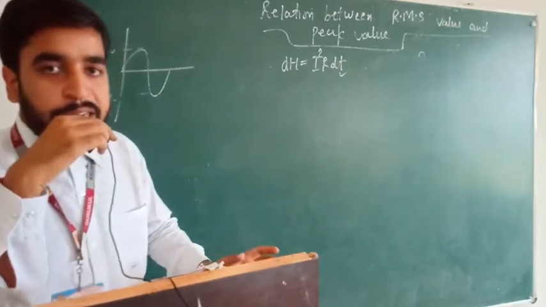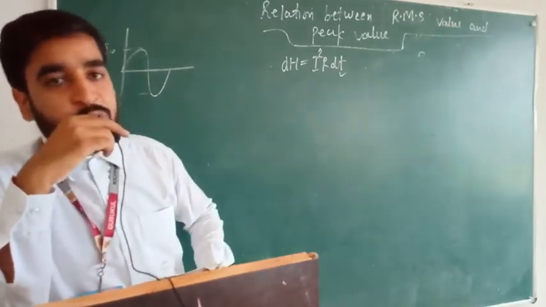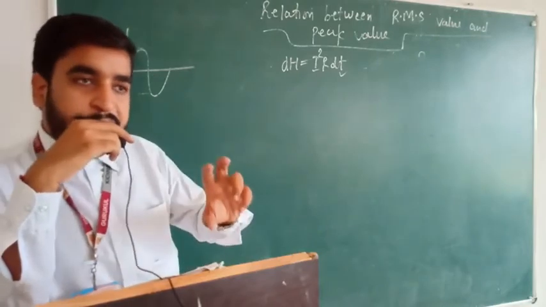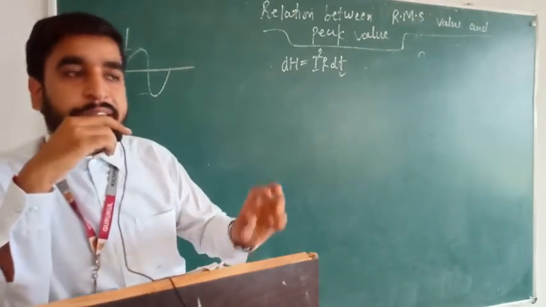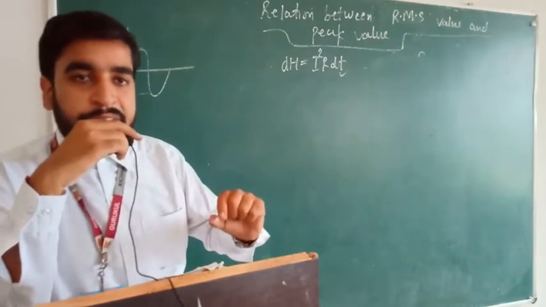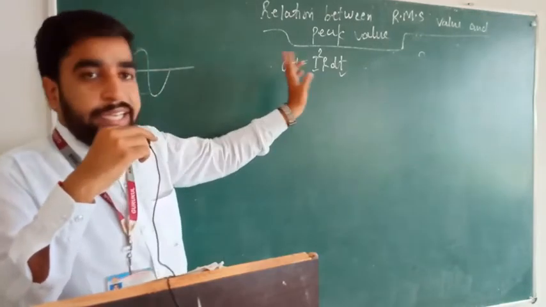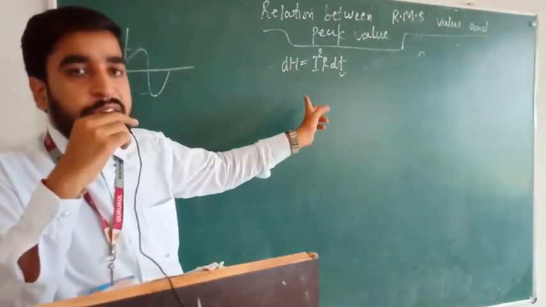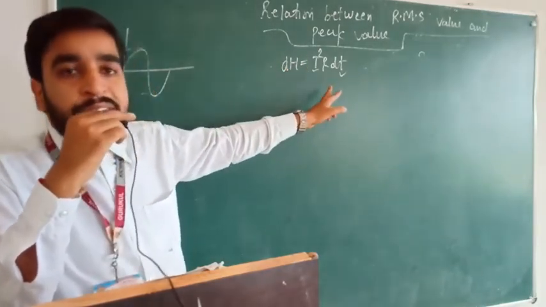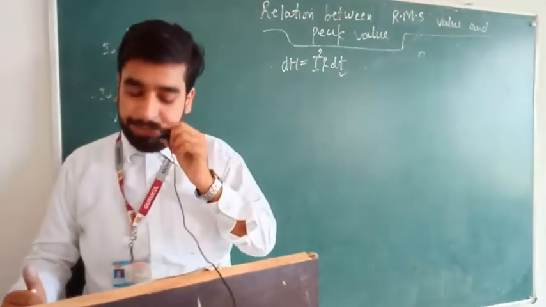So we assume it to be constant for a very small time interval dt, and then the heat will obviously be small. In time dt, dH is the amount of heat transferred when I is the current passed through the resistance R. So dH is equal to I square R dt.